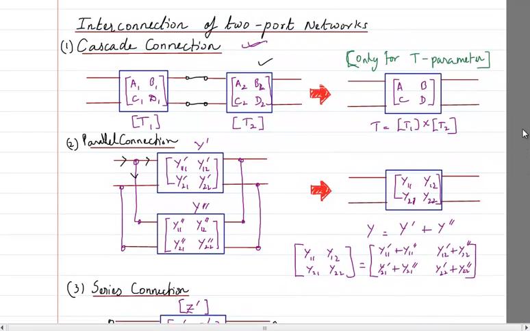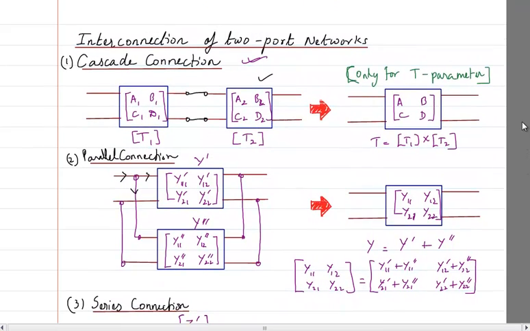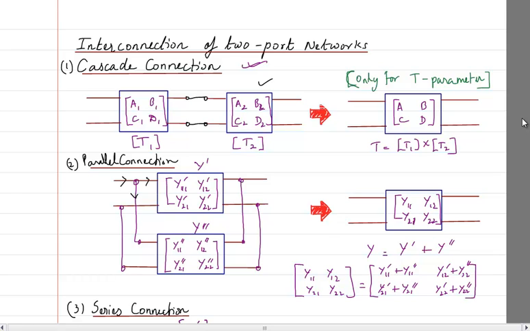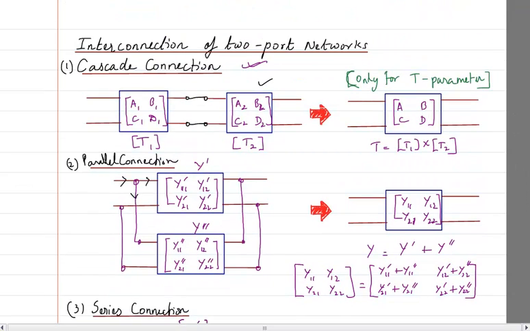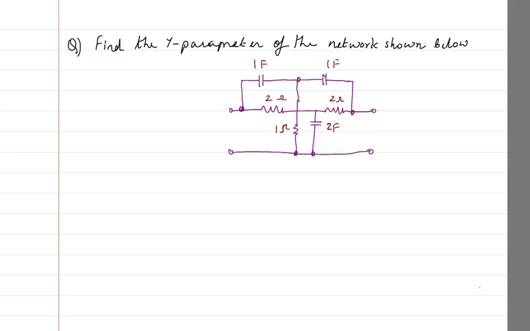Okay, so next I will do the proof of this one later. First, let us do some problems based on this. Look at this particular problem. Find the y parameter of the network shown below. So this looks like a complicated network.